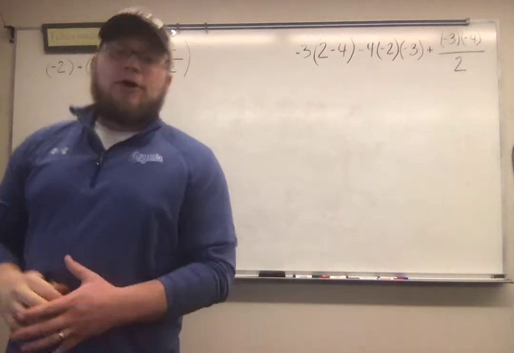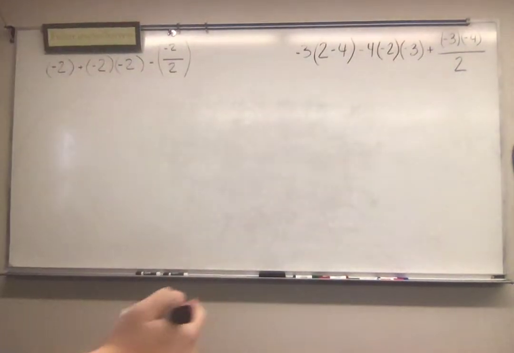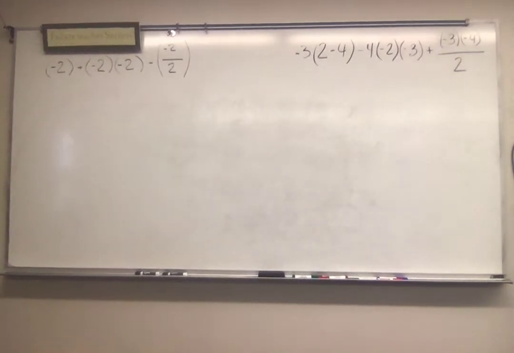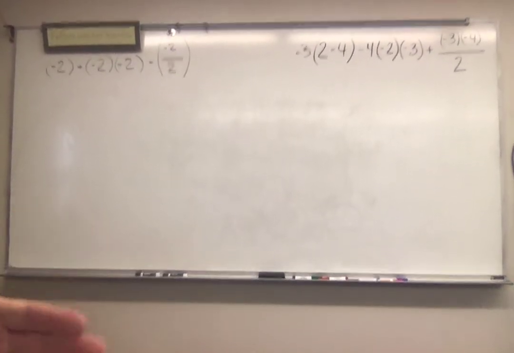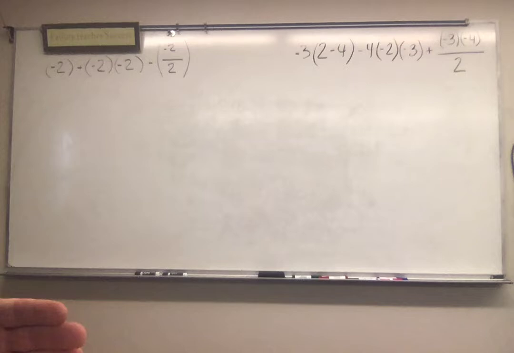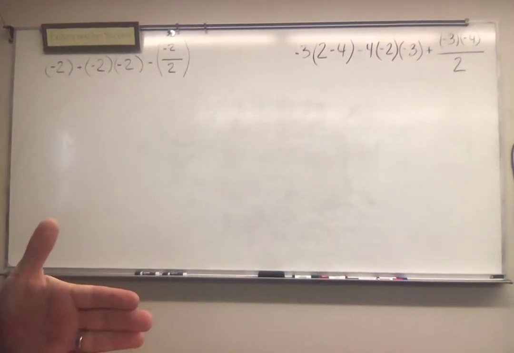So we are going to do example 1 and example 2 on the board. As you can see, example 1 is on the far left and example 2 is on the far right, so you can kind of follow along as I go ahead and do this. One thing to remember, this is crucial, is make sure you rewrite your new math problem.